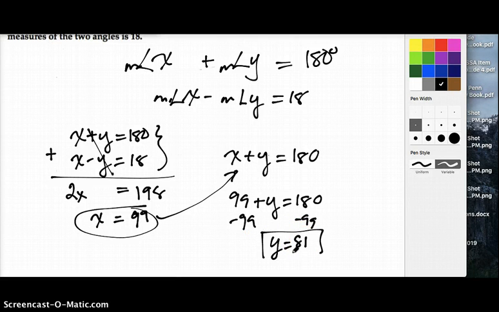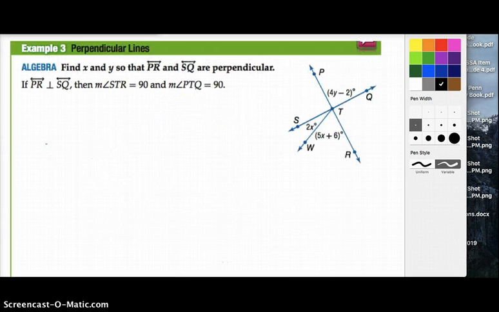All right, so now we've solved this and we can see, yes, indeed, if this angle is 99 and this angle is 81, it satisfies the condition that they are supplementary. And it satisfies the condition that the difference between the two angles would be 18.